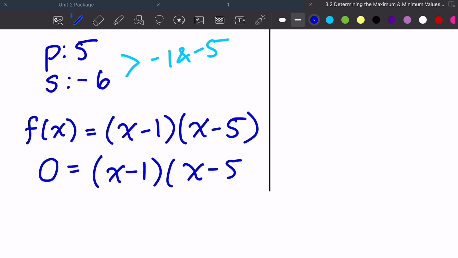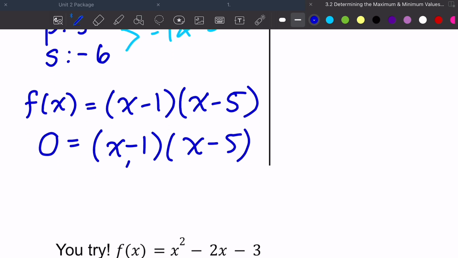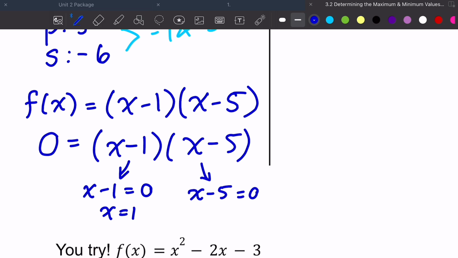Right, so if I set my function equal to 0, that's why I'm saying y is equal to 0, which is the x-axis. So one option is going to be this bracket, x minus 1 equals 0, or x equals 1, and same thing, x minus 5 equals 0, or x equals 5. Those are your two x-intercepts. It is crossing the x-axis at 2 points.